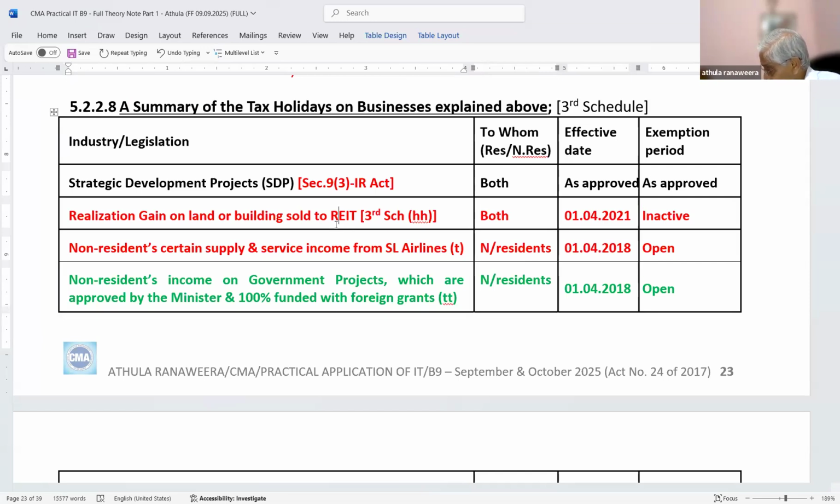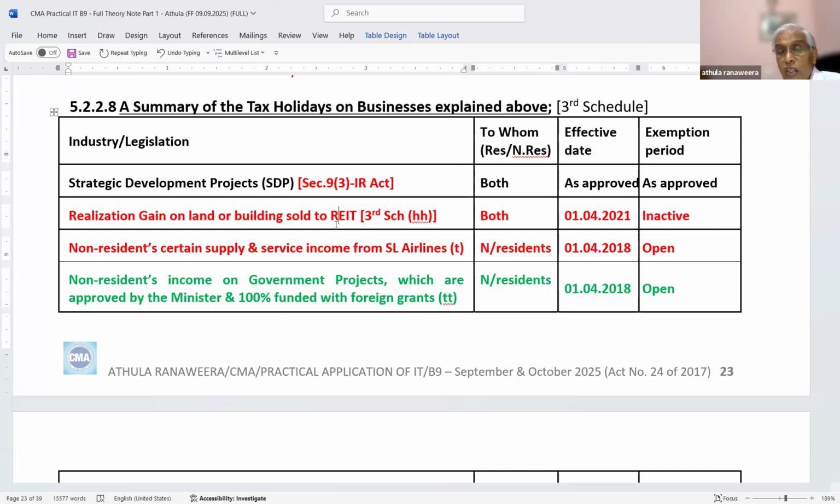If a company registered in the Colombo Stock Exchange labeling as real estate investment trust, then that business was exempted from tax.